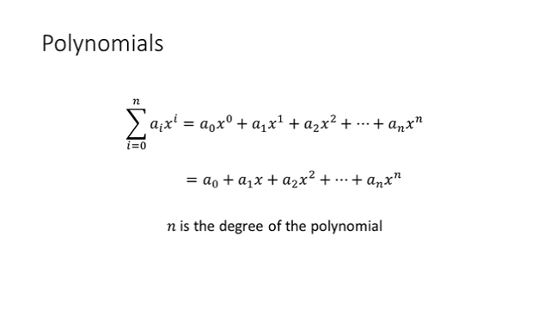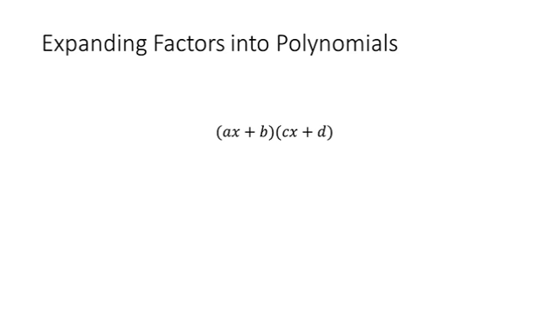There are really two skills that you need to develop regarding polynomials. The first is a more straightforward skill involving expanding factors into polynomials, and the second involves solving polynomials or finding the roots for polynomials. When we talk about expanding factors into polynomials, the basic idea is that you have some mixture of terms involving x and maybe some constants all multiplied together that consist of your function.